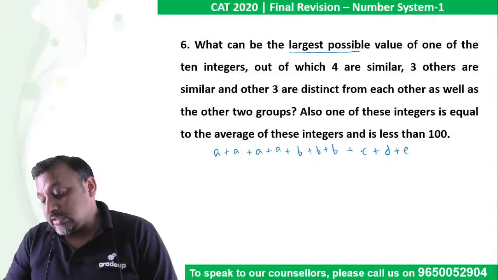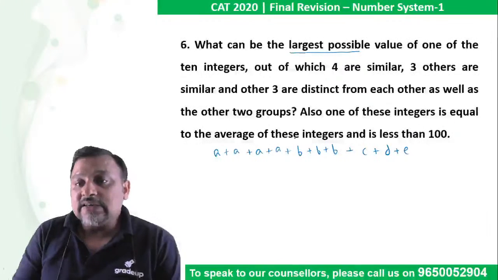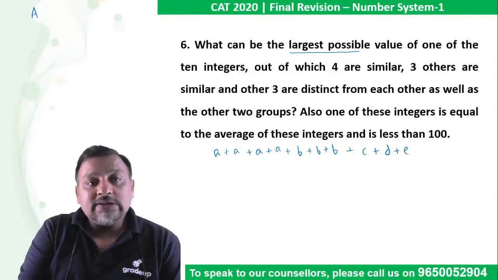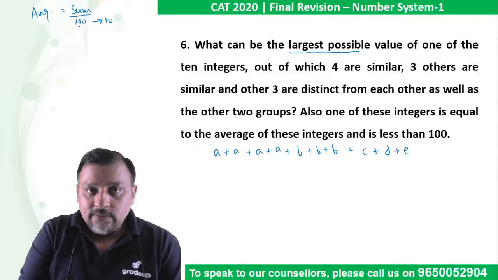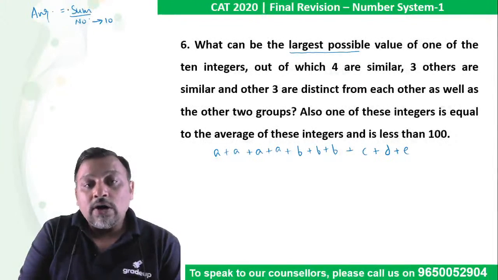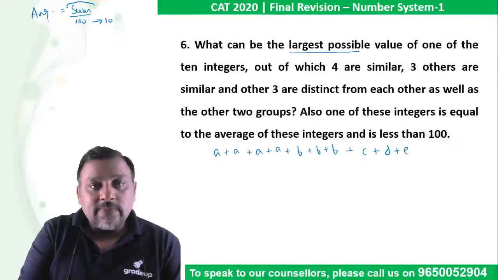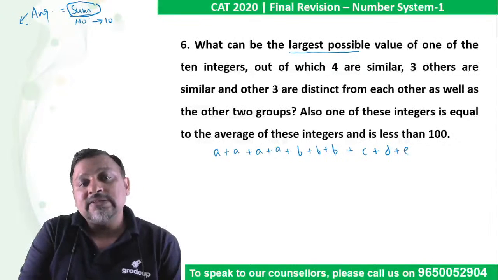Okay, Sai Harish is saying it is 50. Since the average is given to be less than 100, and we know average is nothing but sum by numbers, and the number of numbers is 10. In order to maximize one of the numbers, can I say I need to maximize the sum? And in order to maximize the sum, I need to maximize the average.